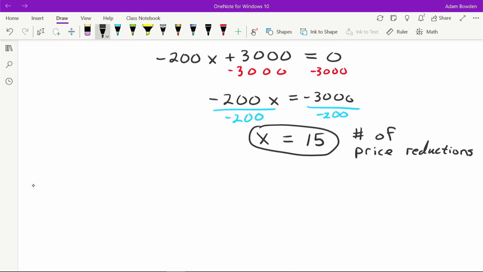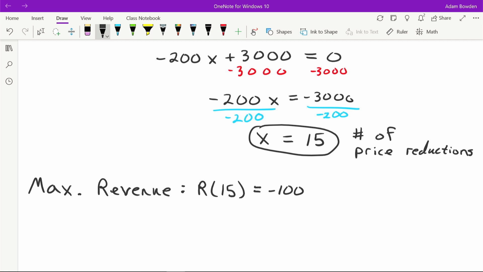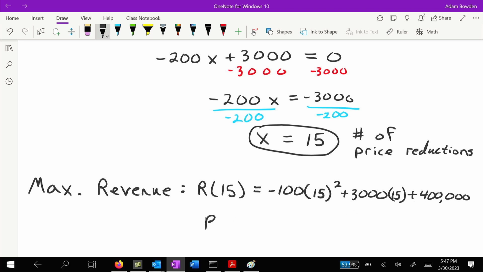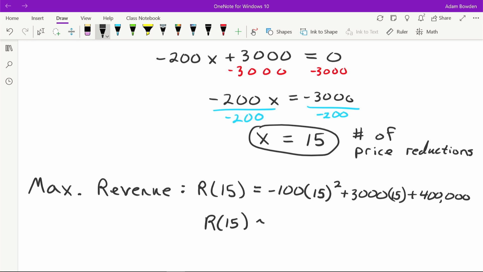So their max revenue here, if we want to calculate their maximum revenue, we would plug the 15 into the function r. So if I plug that into the original r function, negative 100 times 15 squared plus 3,000 times 15 plus 400,000, I came out with a total of 422,500.